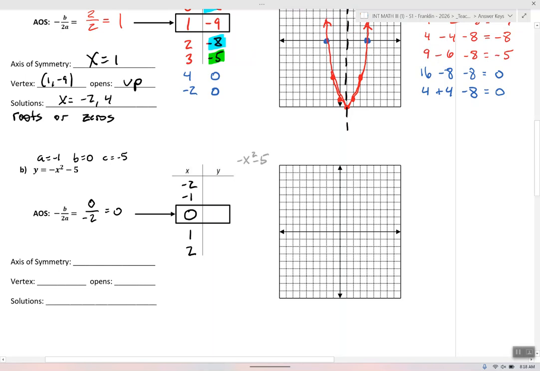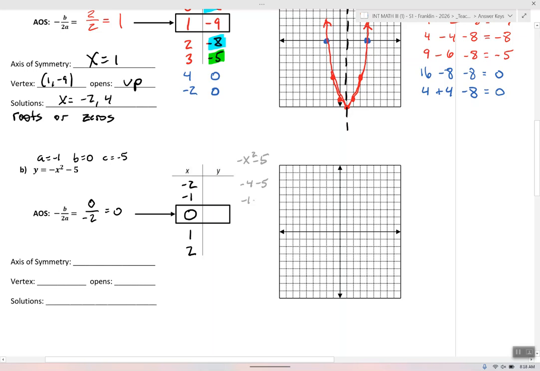This is a little less work than the previous one, so I think I can fit it all right here. I'm just going to plug these numbers in first, then we can get the answers, because I want to use a different color and that is less clicking for me. If I put in negative 2 for x, negative 2 squared is 4, but we have that negative sign out front. So we end up with negative 4 minus 5. For negative 1, squared is positive 1, but that negative sign makes it negative 1 again.